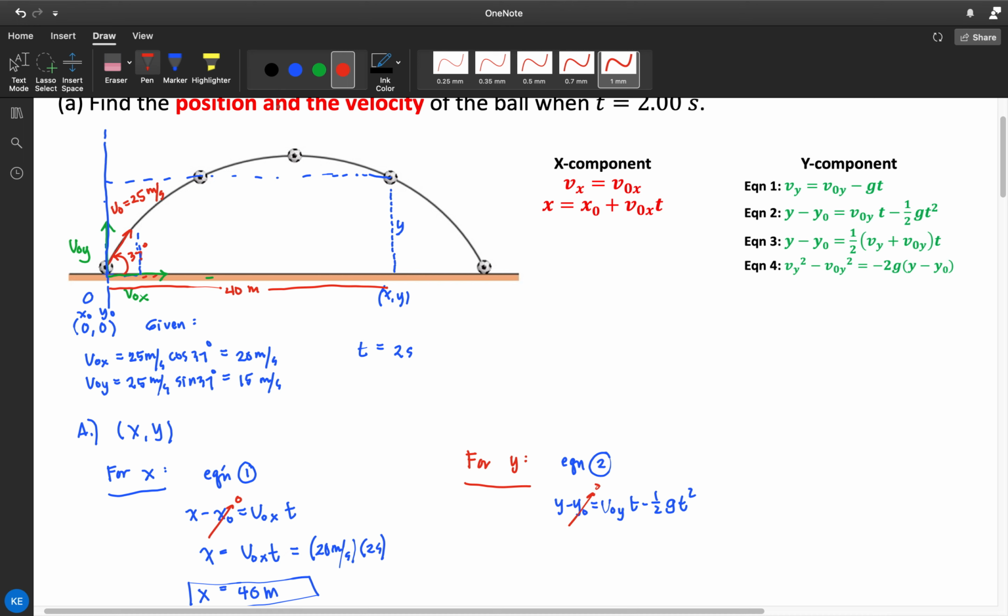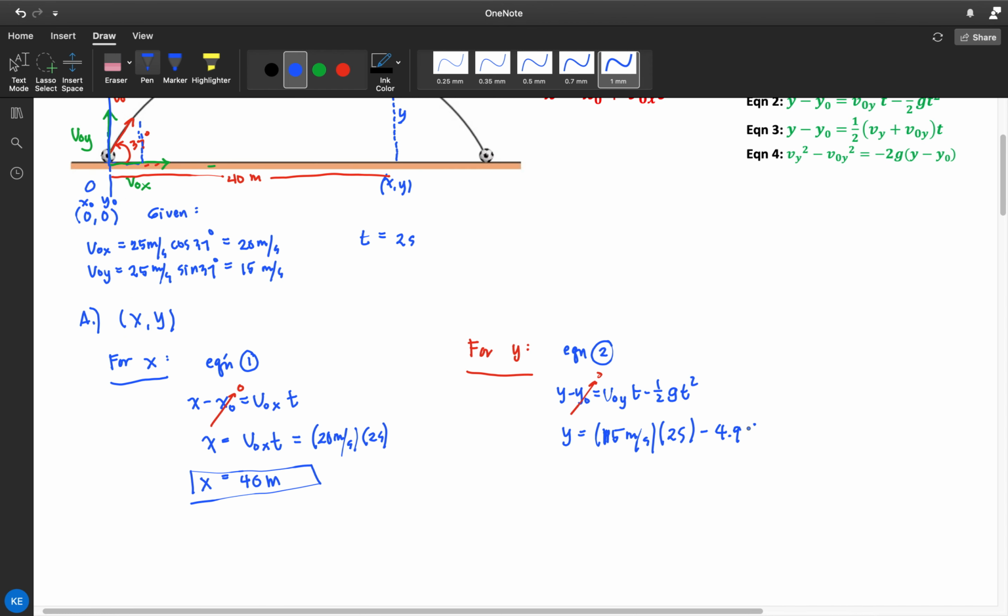So you'll have y equal to 15 meters per second times 2 seconds minus 9.8 divided by 2, that would be 4.9 meters per second squared, times 2 seconds raised to the power 2. So that would be 10.4 meters.